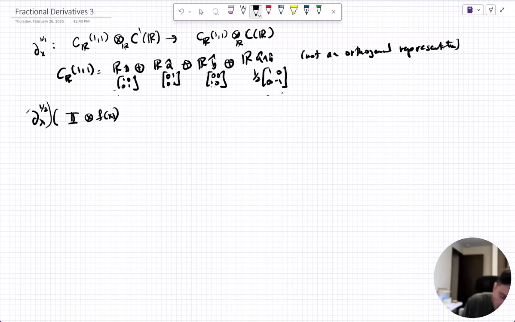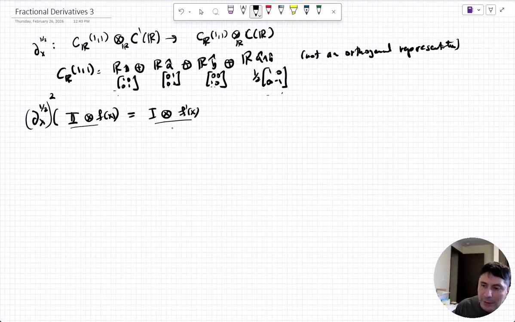Now, if I apply the derivative operator twice, I get the identity matrix tensor the derivative of the function itself. So in other words, the square of the fractional derivative leaves this space of functions invariant. If you extend a function by scalars to the Clifford algebra, you're really doing the identity tensor of that function, so it leaves it intact, right?